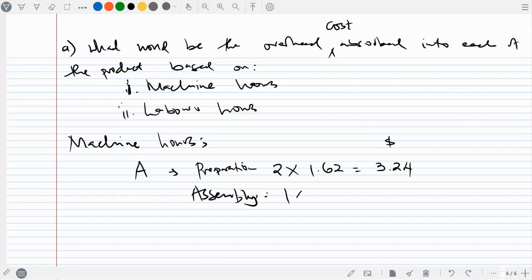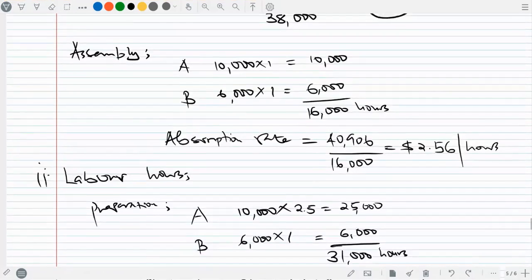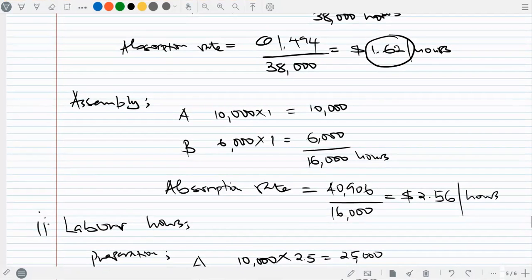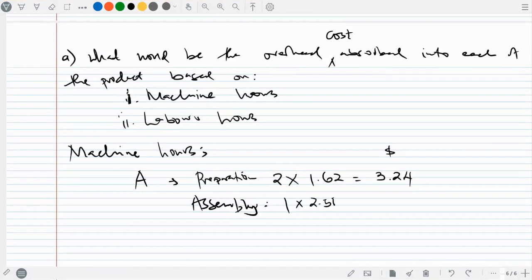The cost per 1 machine hour, going back to our workings, is equal to 2.56, therefore times 2.56.